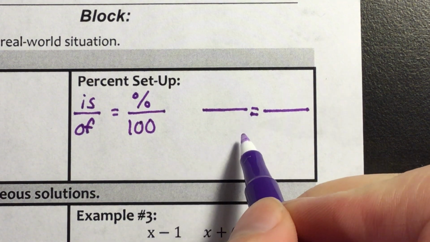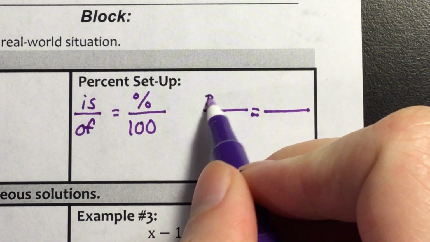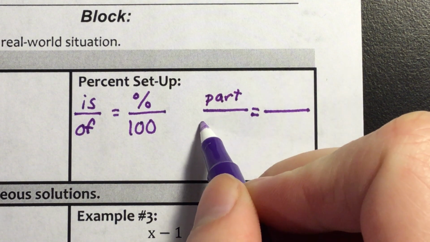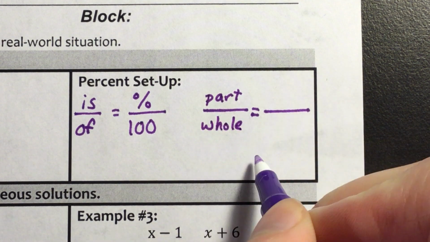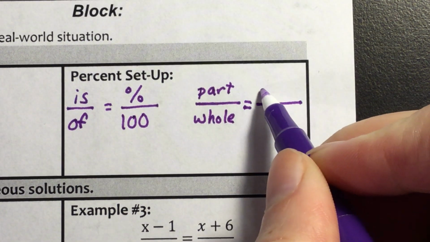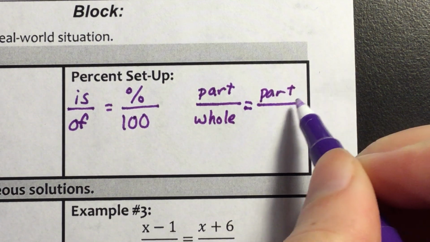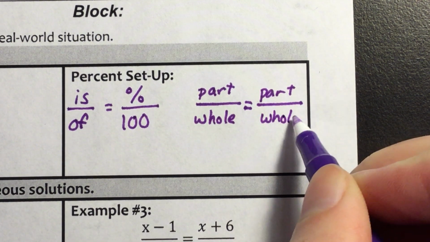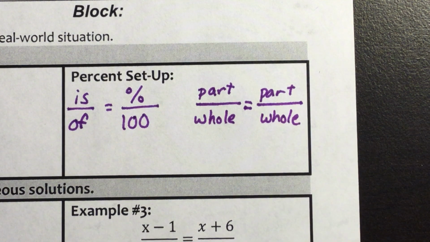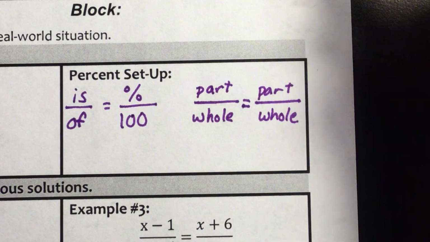Okay, the way that that is set up is the part of the object over that whole object is equal to the part of one object over the whole other object.